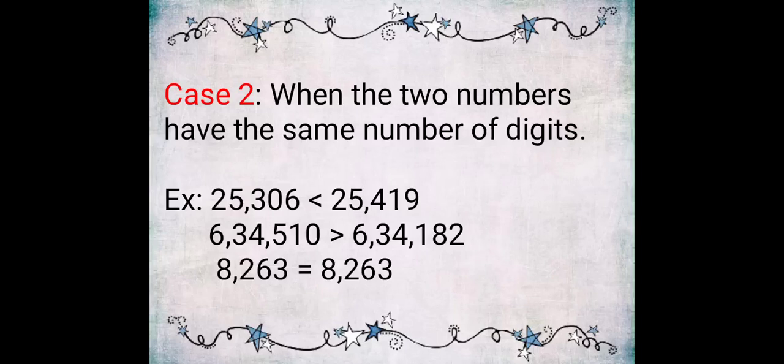And comparing my ones place, I have 3. Don't you see that both the numbers are equal? Is there any change in the number? No, no. So, both the numbers are equal.